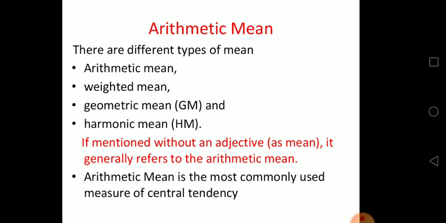So if mentioned without an adjective as mean, then it is generally referring to the arithmetic mean. So don't be confused when you hear mean and when you hear arithmetic mean. If you want to say the full name, it means you need to use the adjective arithmetic. So you can call it arithmetic mean, and if not using the adjective, then it could also be called the mean.